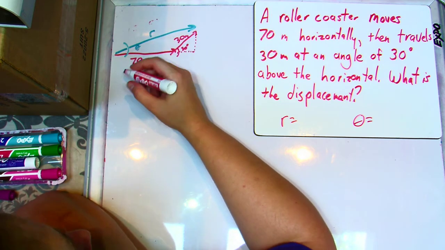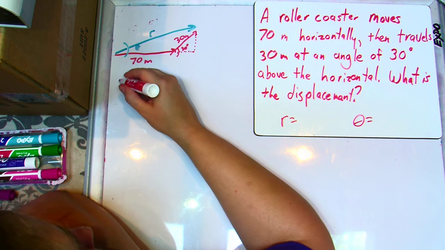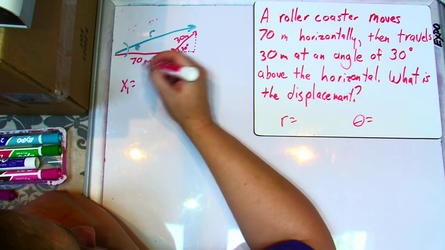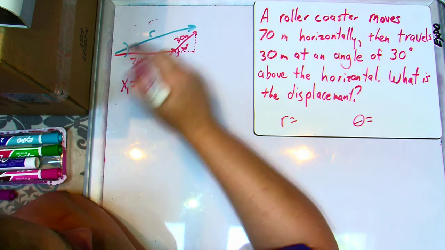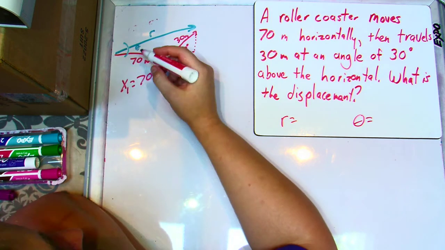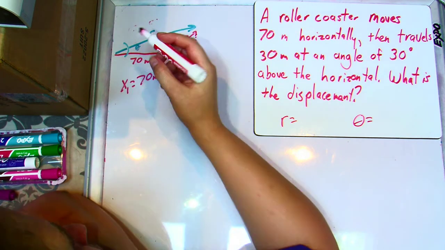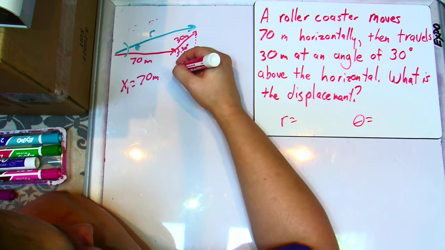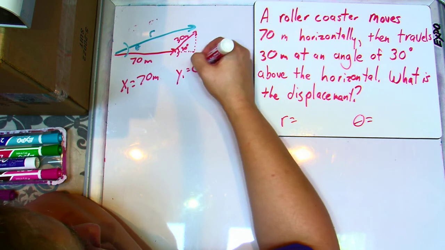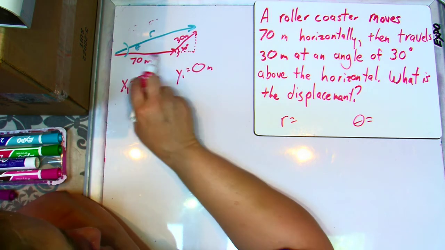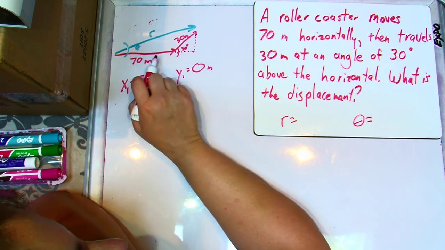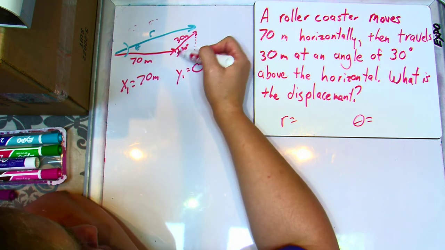So for the first problem, x1 equals 70 meters, and that's just because it's simply moving in a horizontal direction. And since it's only moving in a horizontal direction, it has no y component. It is a one-directional motion. This part is where it becomes two-directional.